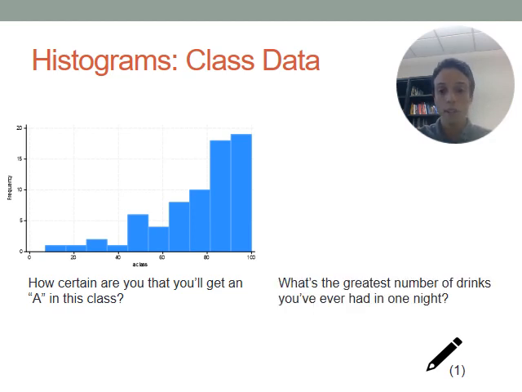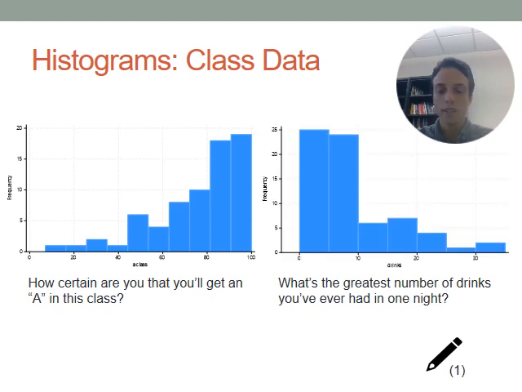I also asked you, what's the greatest number of drinks you've ever had in one night? So on your wildest night of partying, what did you get up to? We can see the opposite pattern in this graph compared with the A in the class graph, where between 0 and 5 drinks is a very common response, between about 5 and 10 drinks is a very common response, and relatively few people have had many more drinks than that.